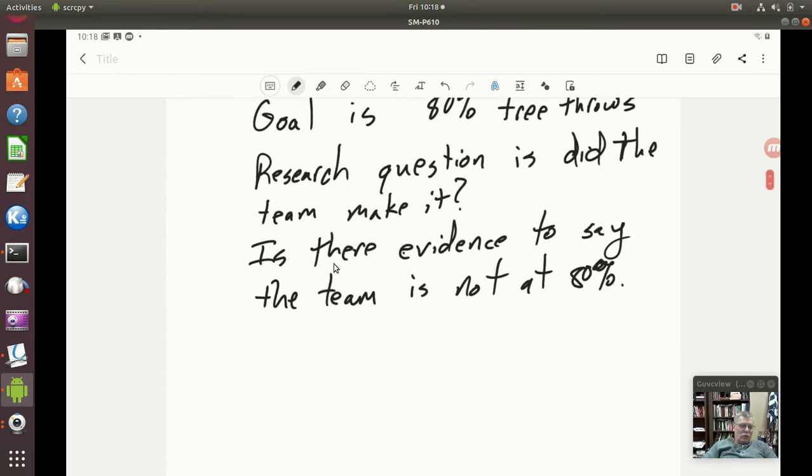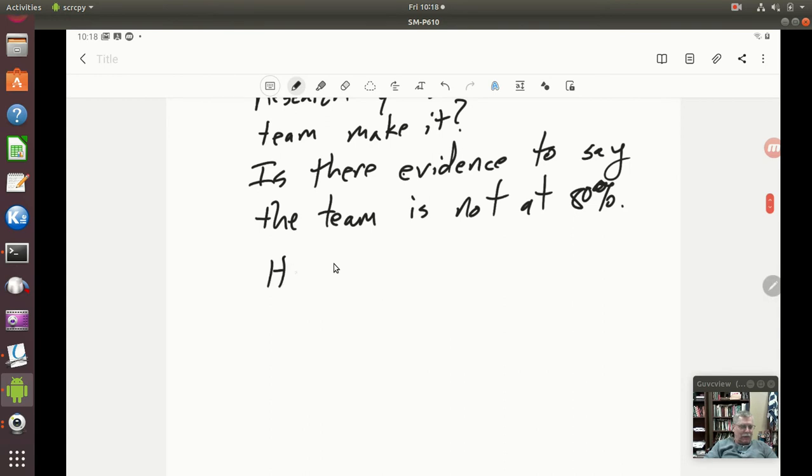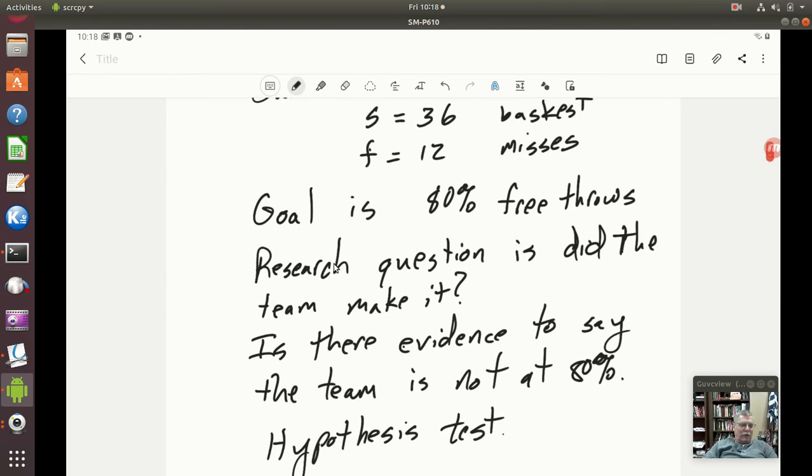And so we use a hypothesis test. In this case, our goal is the null hypothesis. Because again, the null hypothesis is the population. When you look at our question and our goal, our goal is 80%, and our question is, did the team make it to 80%?